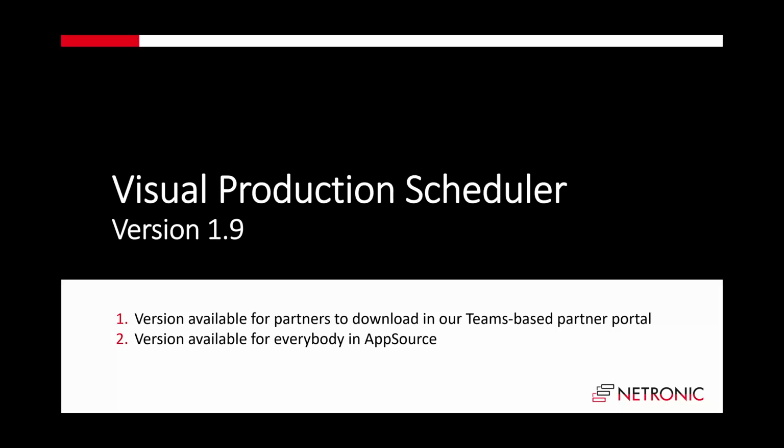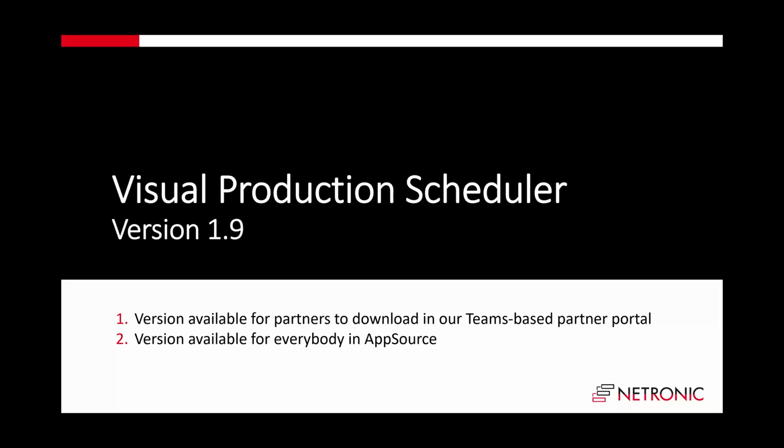If you have a customer, or if you are a customer who has or uses Business Central on the cloud from AppSource, then you just go to AppSource and get the new version from there. So you have to either update your version following the extension management process, or if you're a new customer using manufacturing functionality and wanting to have some visual production scheduling, then just go to AppSource and download it from there.